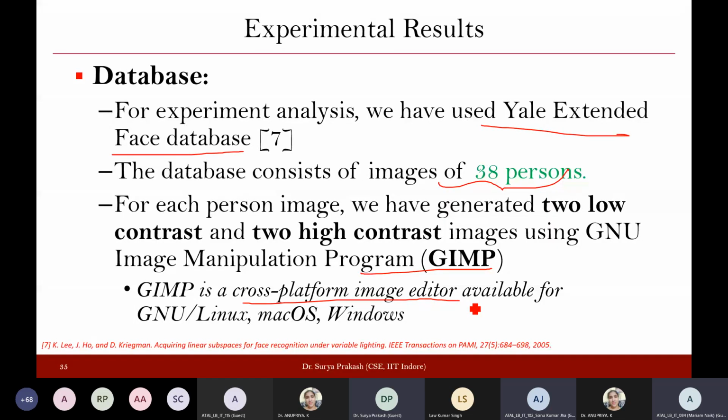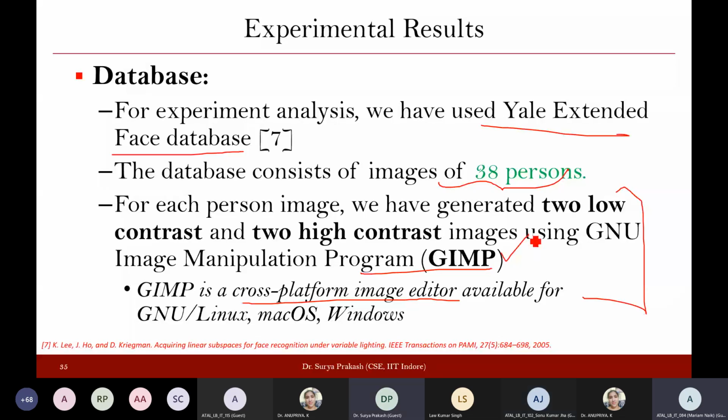With the help of this tool, we have taken an image and created different versions of the image, some of them having very high contrast and some very low contrast. At the beginning, if you remember, I showed you contrast with the help of this tool.